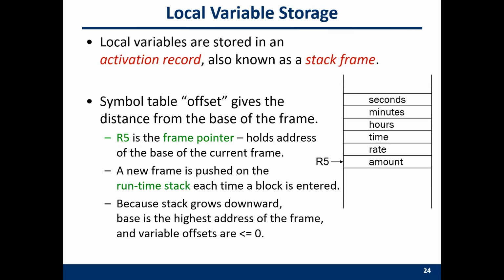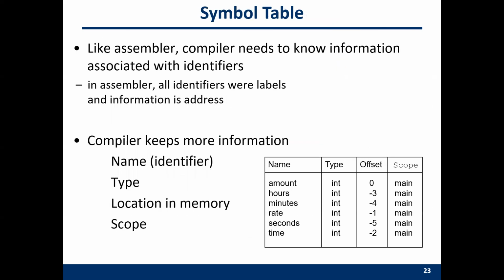The symbol table offset gives the distance from the base of the frame. So here are the offsets. And the first one is stored at the top of the stack. And all the others, the following ones, are written as the distance of their location to the top.